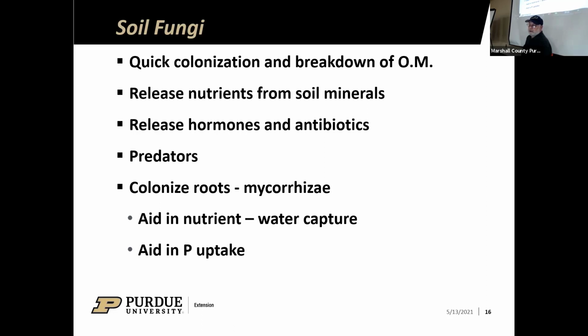They also colonize roots. Again, this is a positive relationship between a fungus and our plant roots, enhancing the roots' functions and aiding in nutrient and water capture and phosphorus uptake. So it's important that we have this mycorrhizal relationship with our plant roots for them to be healthy.